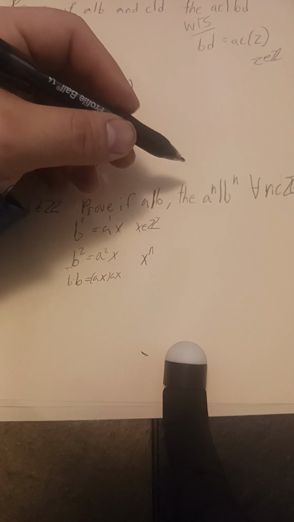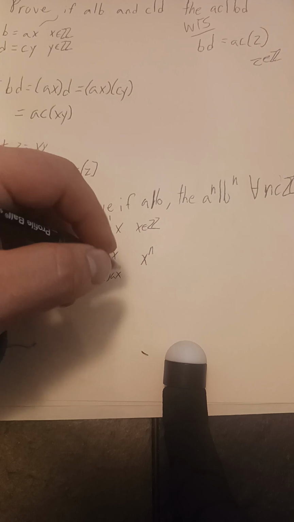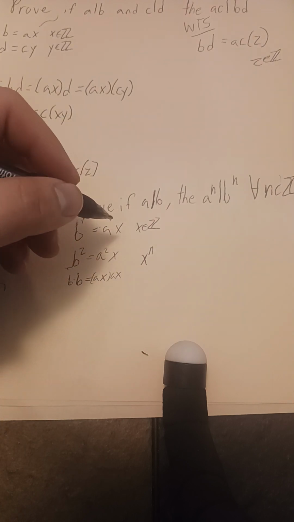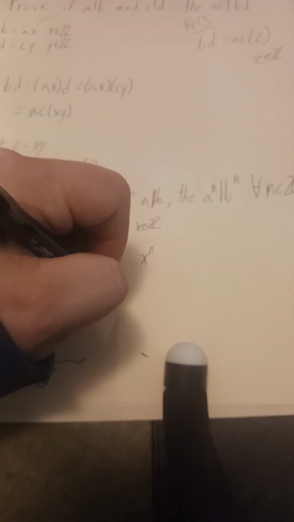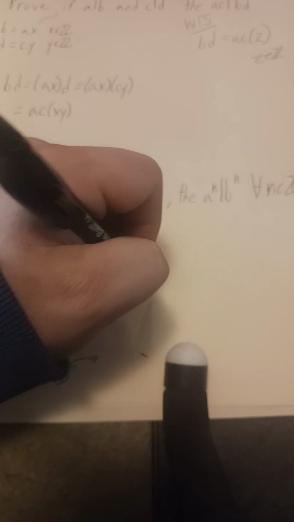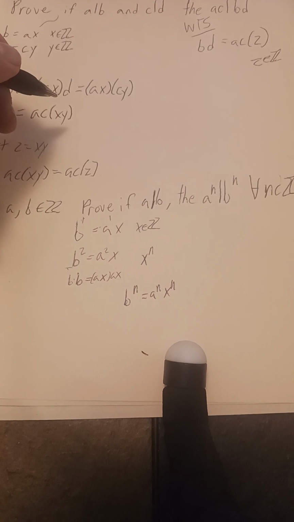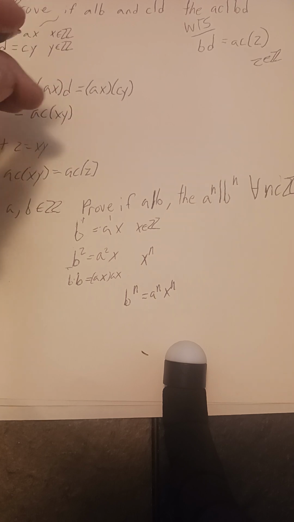So if we took X to the N, then we have B to the N equals A to the N times X to the N. I know I'm on the right track, but I feel like it's not technically right.